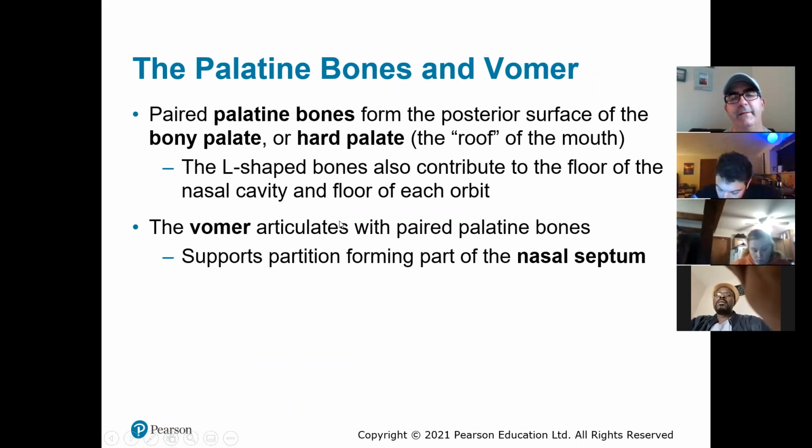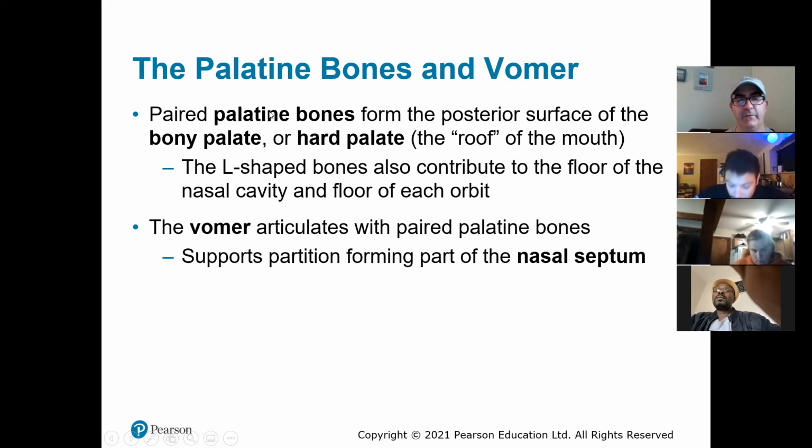We also have palatine bones. Most of the roof of your mouth is made of maxillary bones. As you move backwards with your tongue, the rear part, the posterior surface of it, is made of these palatine bones, making up the palate.